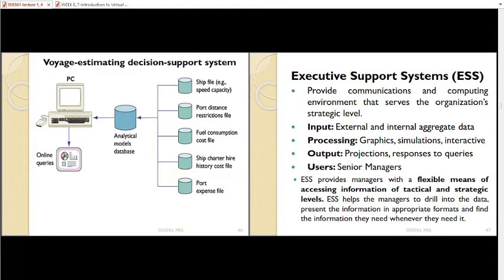Now, under input, we have external and internal. It is at the top there. That's what I was saying. The data it's going to use for maybe generation of reports will come from within the organization, or it can come from outside the organization. It's not that or; it usually comes from within and outside the organization, because we need to know what is happening out there. They're making decisions based on the survival of this organization against its competitors.